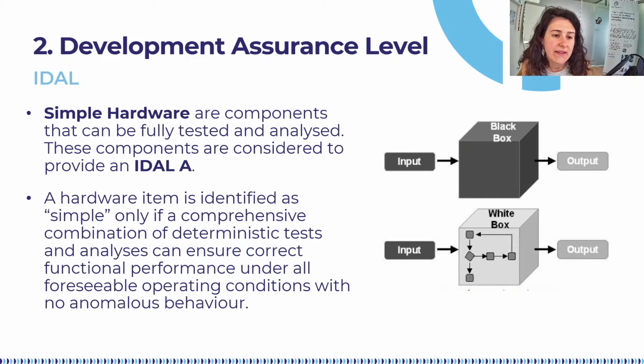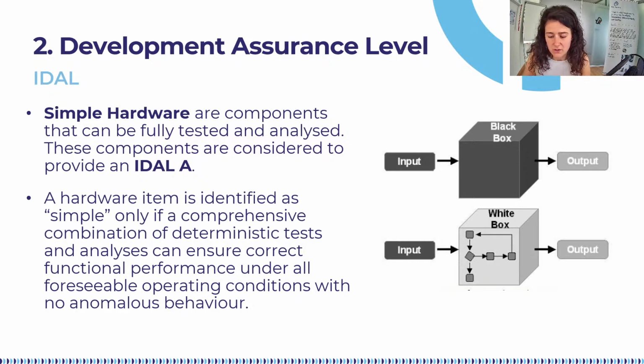Okay, another thing that the ARP4754 defines is simple hardware. What is a simple hardware? Well, for something that we can assume is a simple hardware, you can always assign an IDAL A. But what is a simple hardware? I don't know if this picture is clear, but if you have a simple hardware it is like the white box, a complex hardware is the black box. So you have an input, and you know what is going to happen inside, and you will have this output.